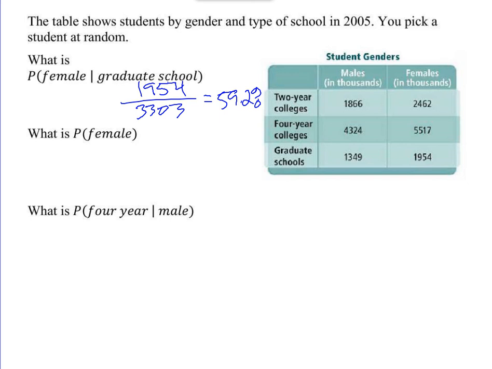So how many females do we have? 9,933 females divided by how many people are there? 17,472. That gives me what percentage?